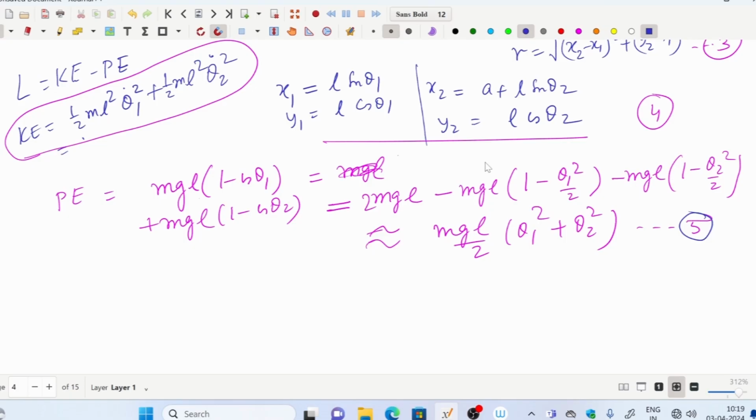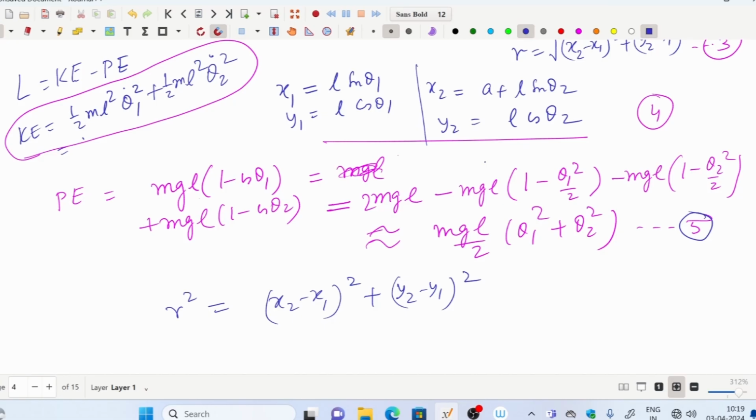Now the r minus a part. r square is x2 minus x1 whole square plus y2 minus y1 whole square.